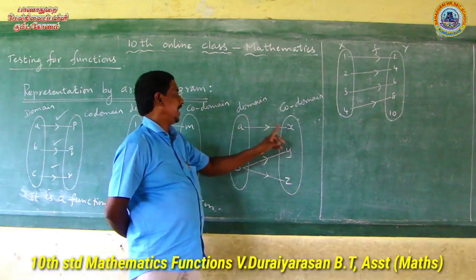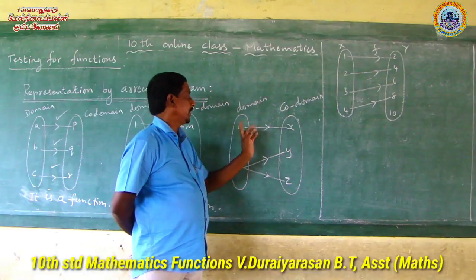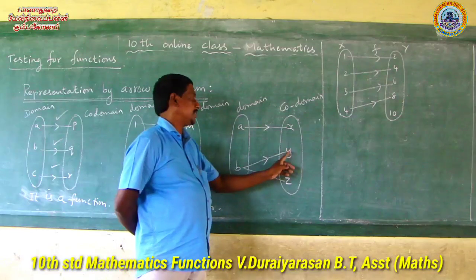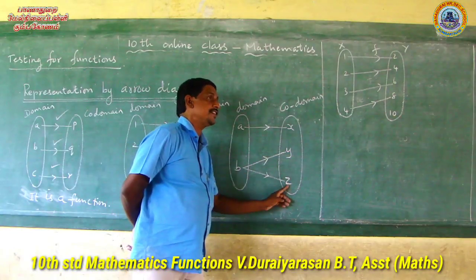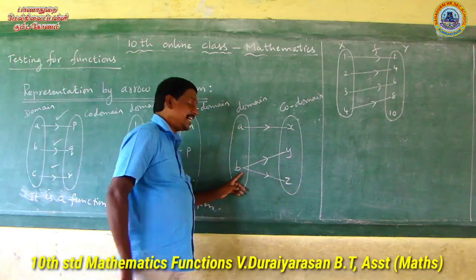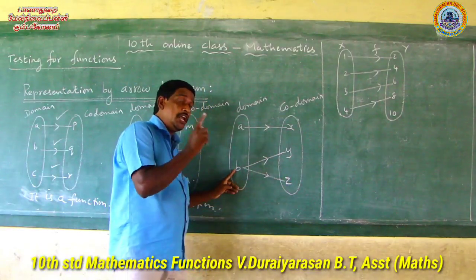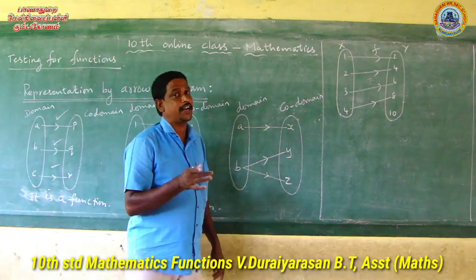A has an image X. B has an image Y, and also B has an image Z. The second condition, that each element has only one unique image, is what makes it a function.